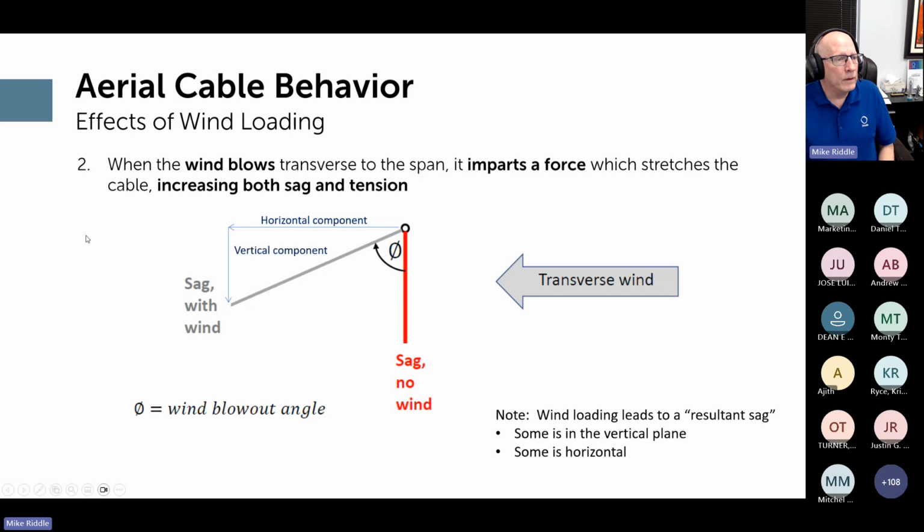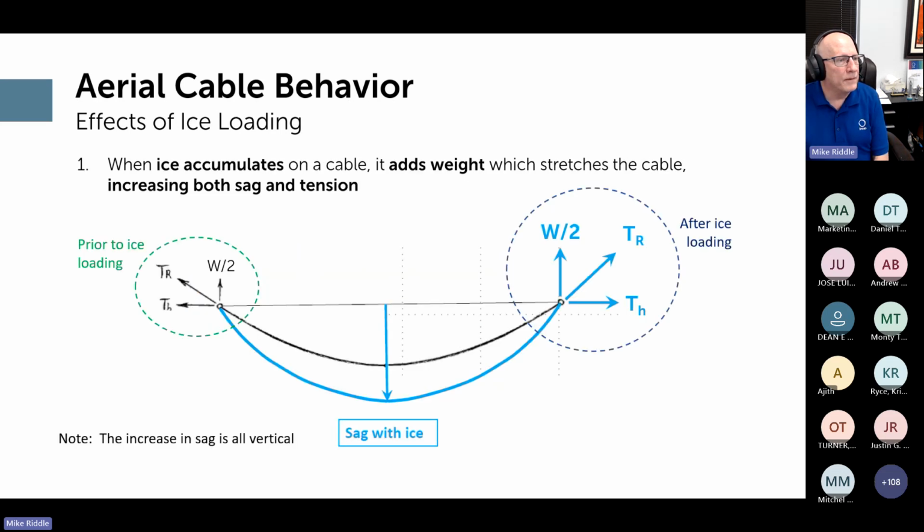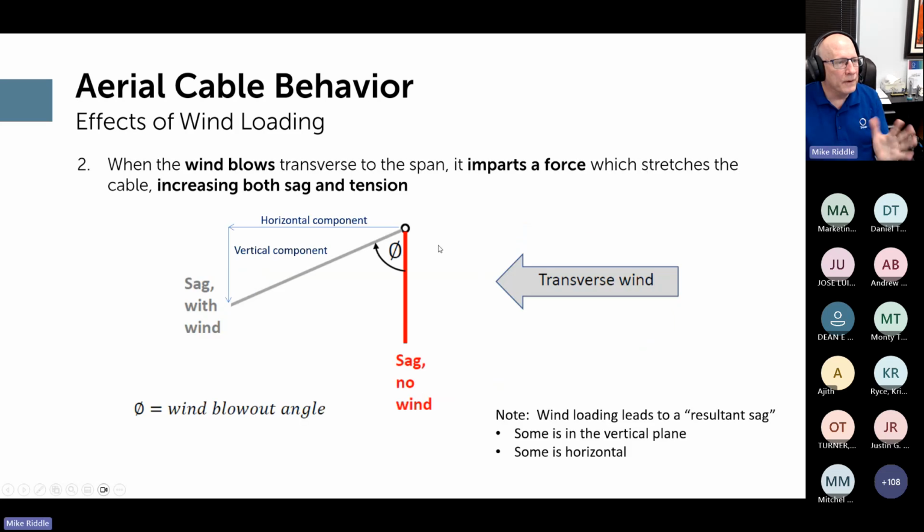Effective wind loading. Prior to this, we've always been looking across the span from left to right. Now you've turned it 90 degrees. Now the attachment point is beyond this point, and you're looking at the second attachment.